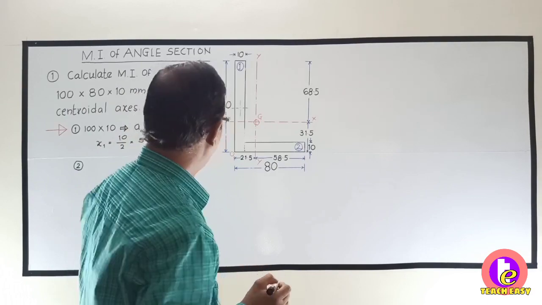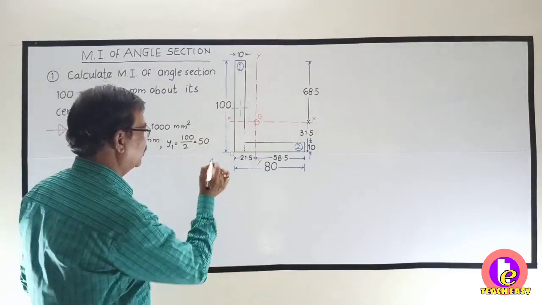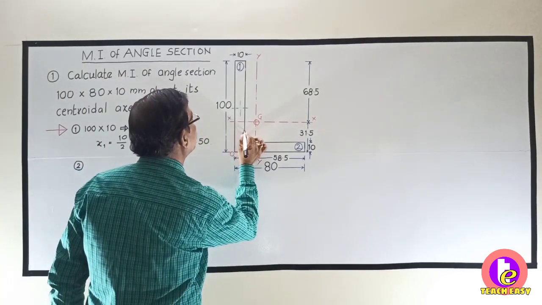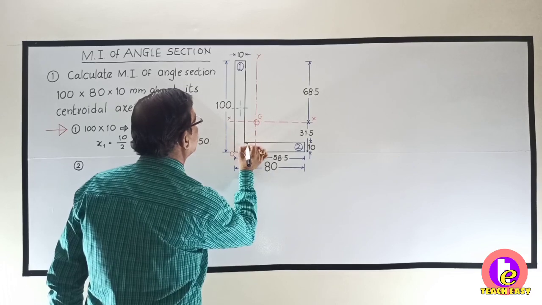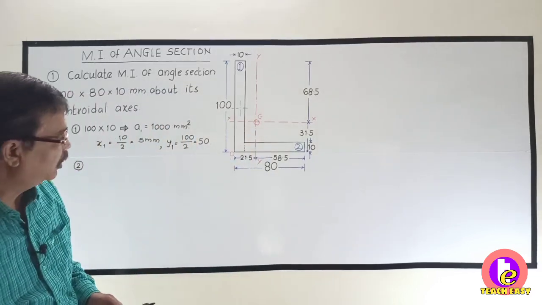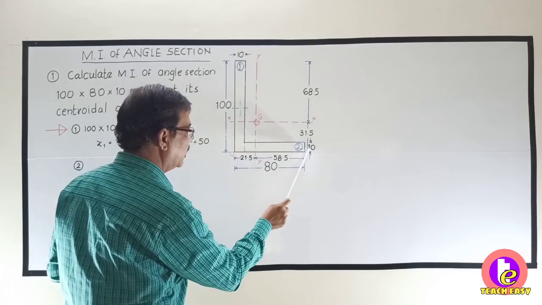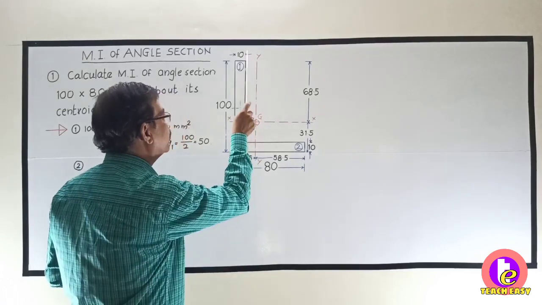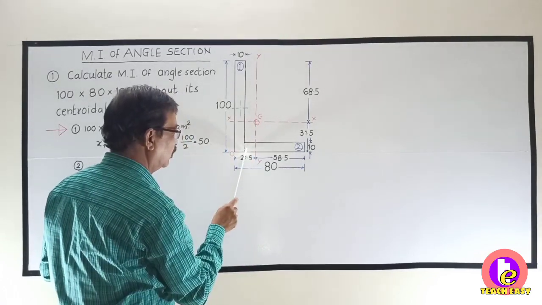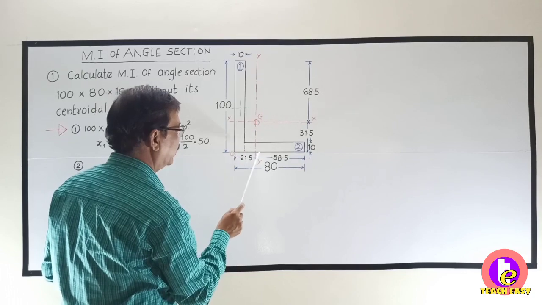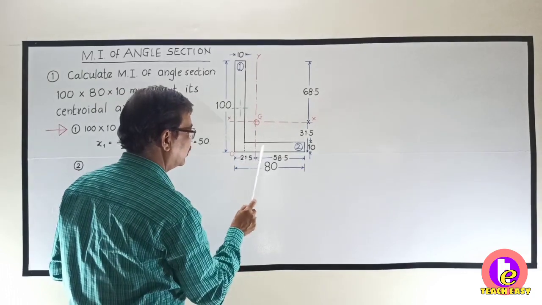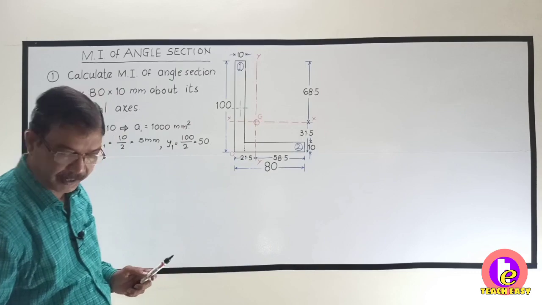What is the second rectangle? See, look here. This total distance is 80, but for the first part we have taken up to this. So 10 will be deducted from 80. So what is this distance? 70 by 10.